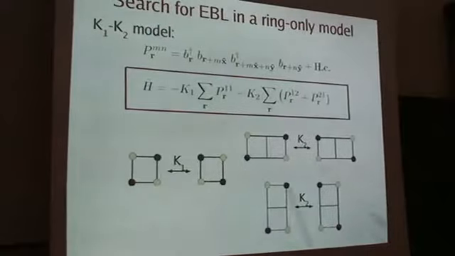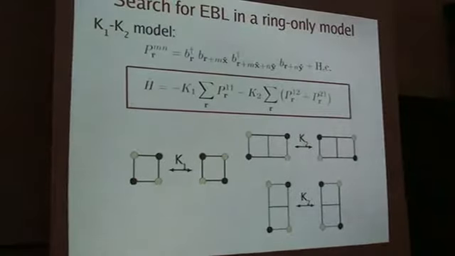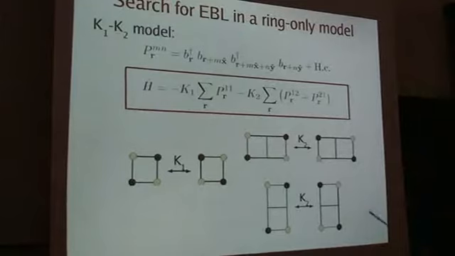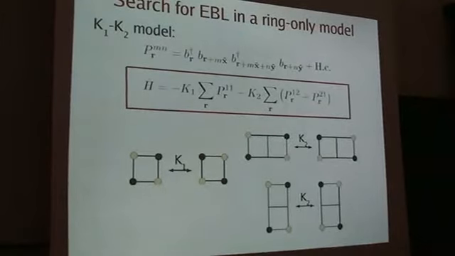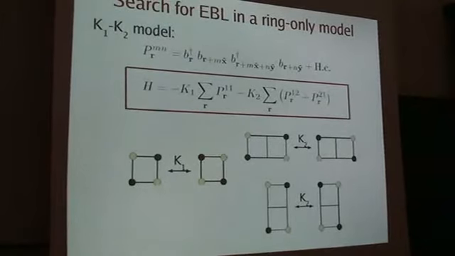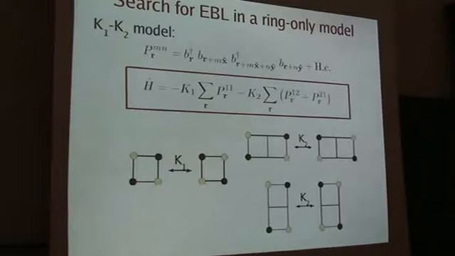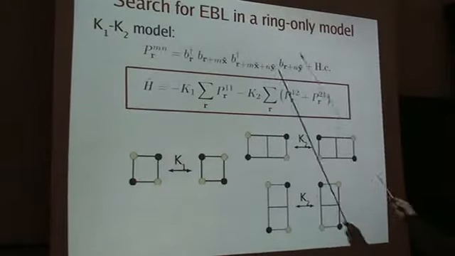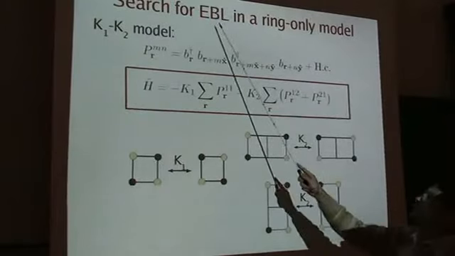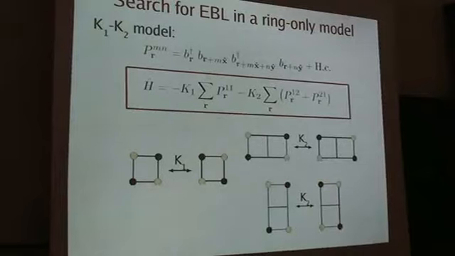Okay, so this simplest boson ring model did not realize the ideal phase, and we wanted to search for such a phase, and we are not as ambitious.